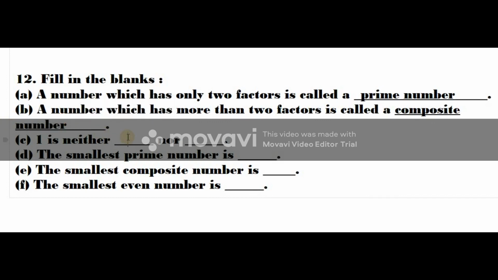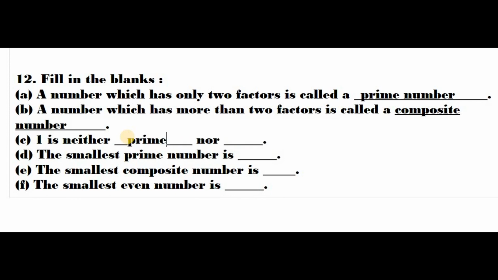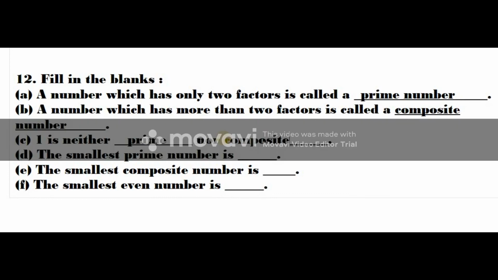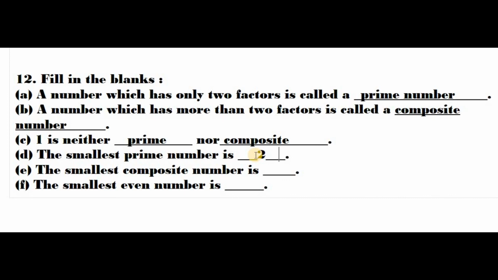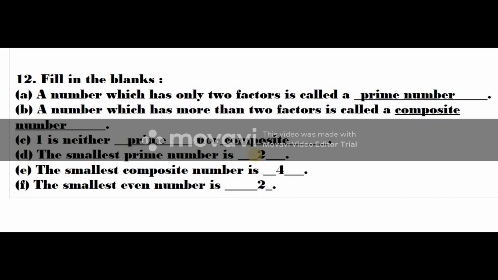One is neither prime nor composite. The smallest prime number is 2, the smallest composite number is 4, and the smallest even number is 2.